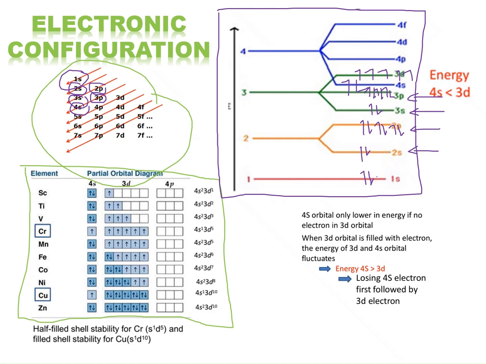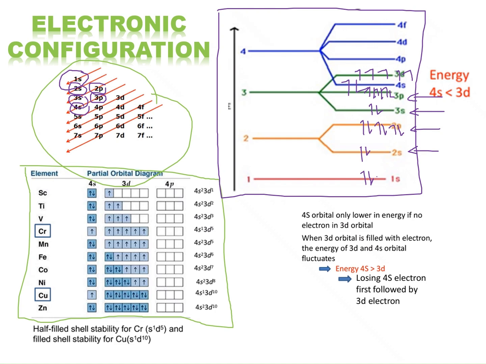So when your 3d orbitals are filled with electrons, this will lower the energy of 3d. So 4s now has become higher in energy. When 3d is empty, 3d has a higher energy compared to 4s, so 4s is lower. That's why we fill in the 4s first.